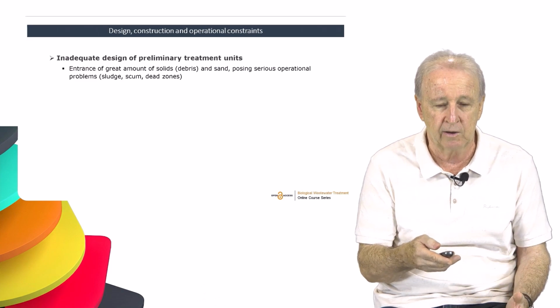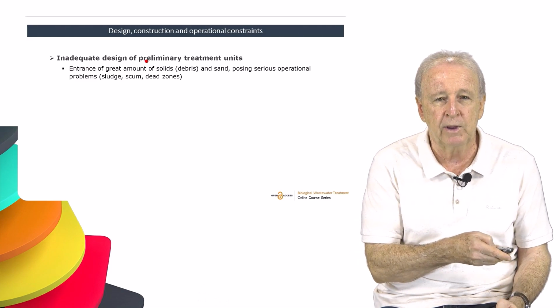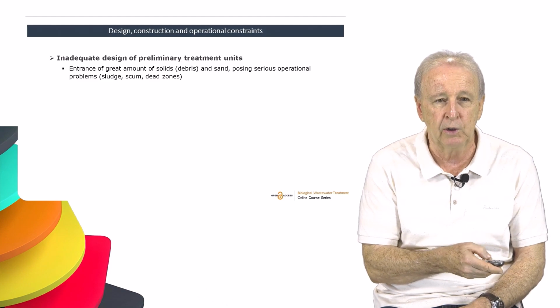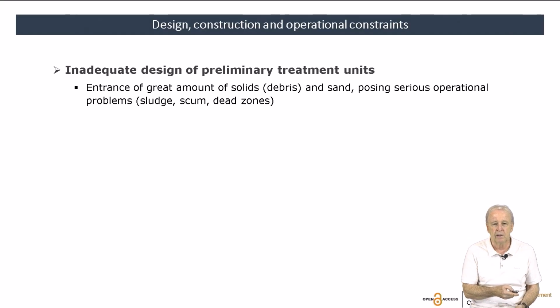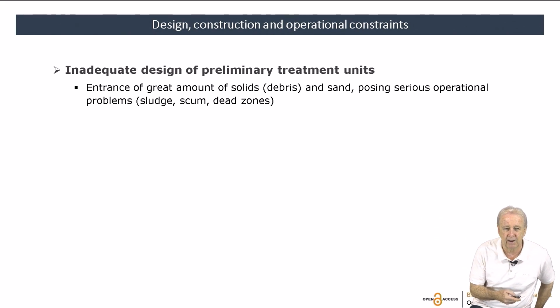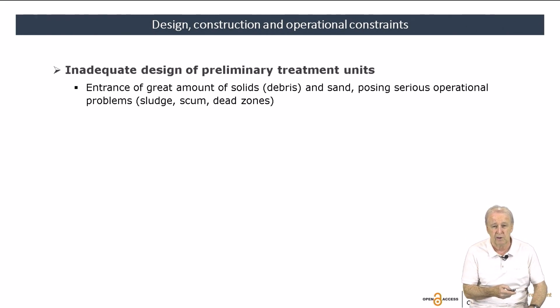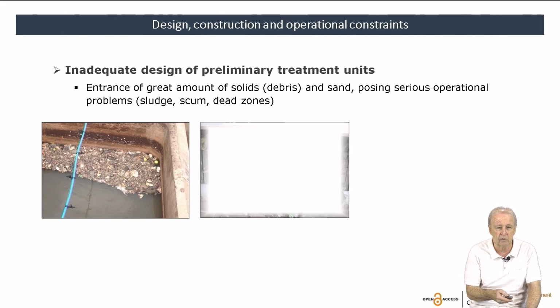Usually they are related. For instance, here, inadequate design of the preliminary treatment units. If the design is not okay, there will be a great entrance of solids, especially debris, rubbish, that is present in the wastewater, especially in developing countries, but also sand, and this can pose serious problems to the reactor itself, but also to the characteristics of the sludge and scum, and also formation of dead zones.